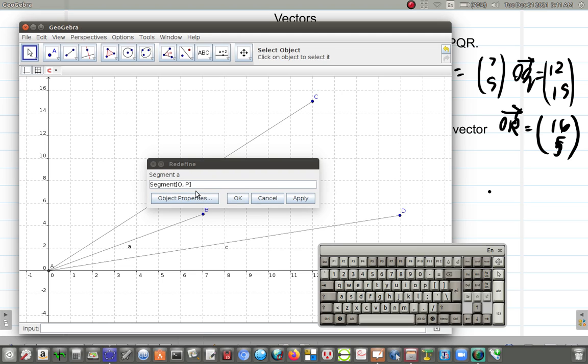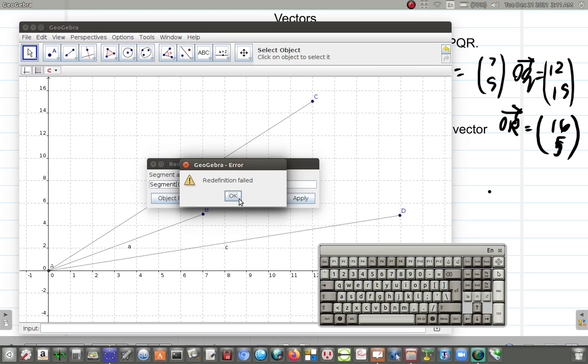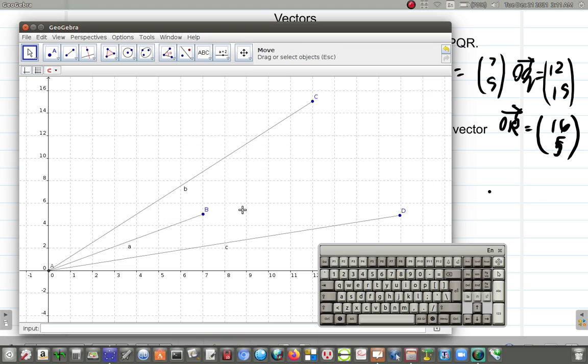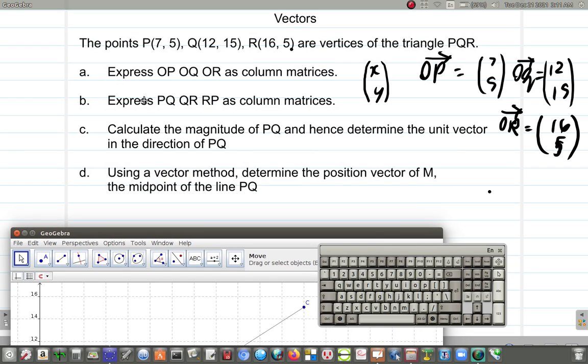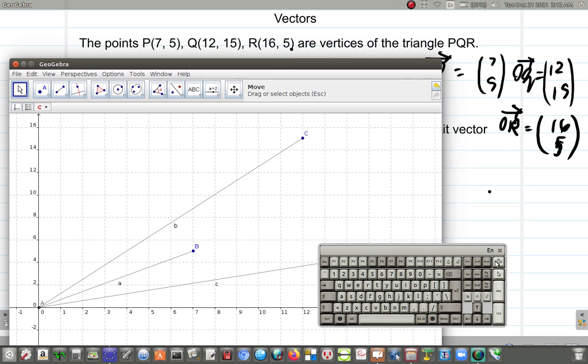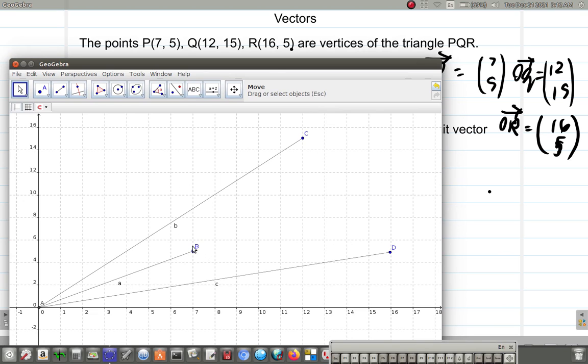It says redefinition failed. Alright, let's cancel that. So here, PQ, remember this here is P and this is Q. So if we go from P to Q, we're going from here to here.